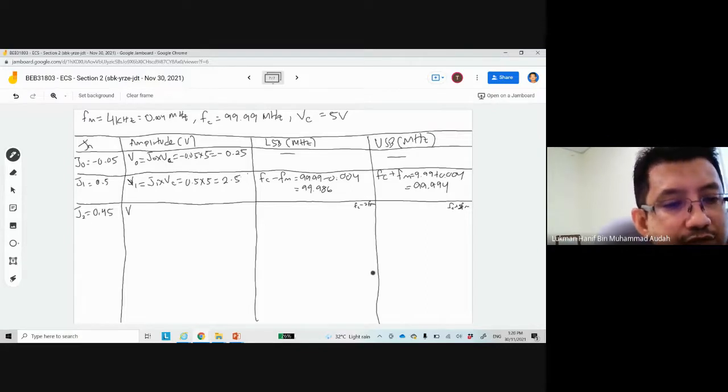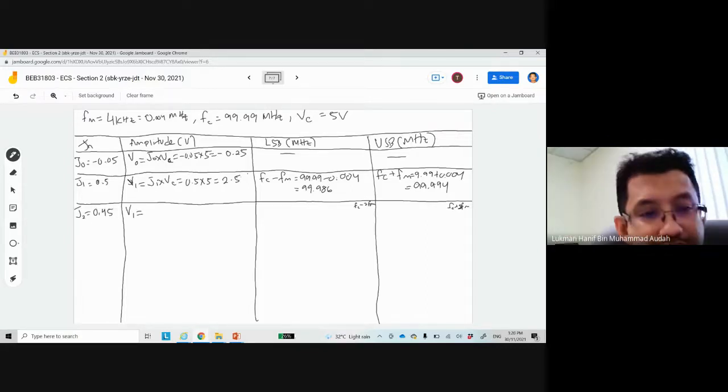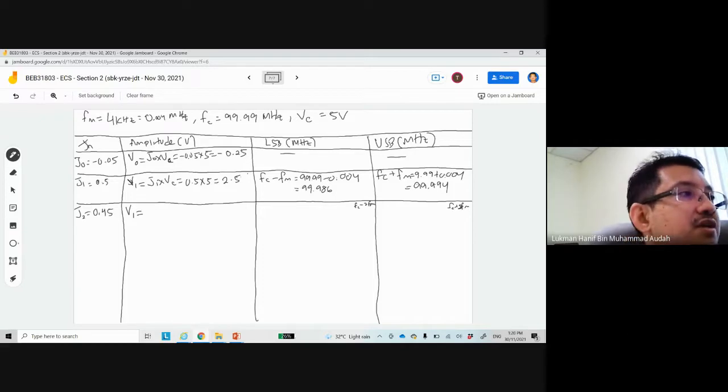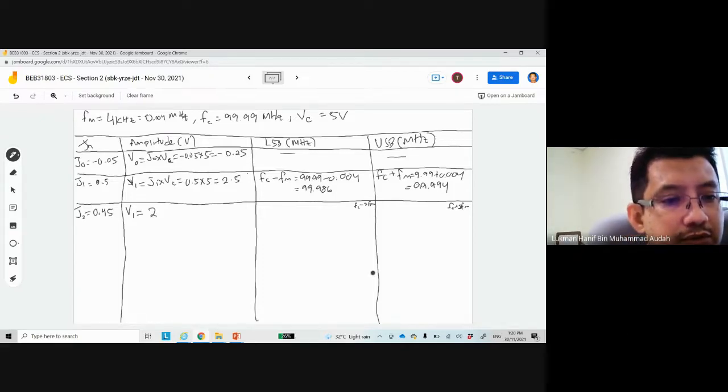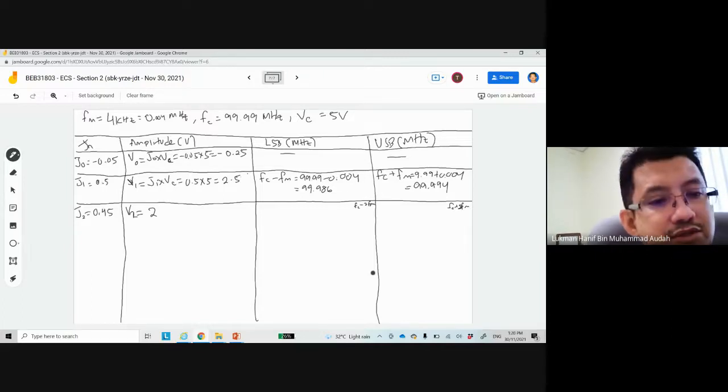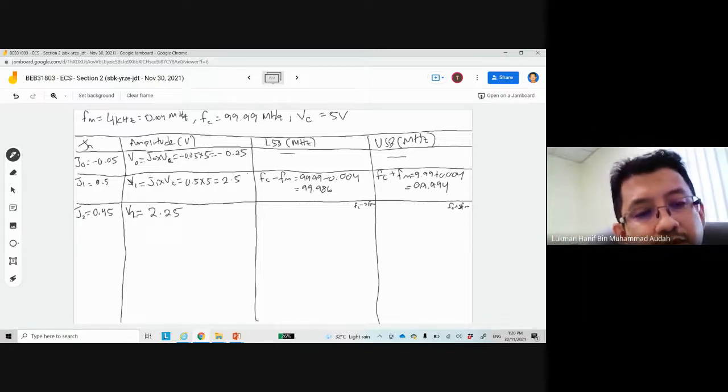That means V2 is equal to J2 times VC, so you get 2.25.